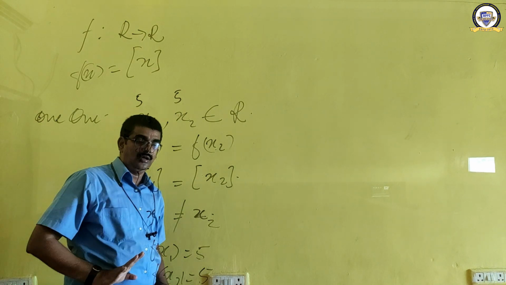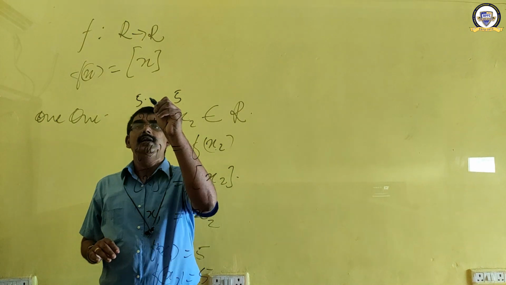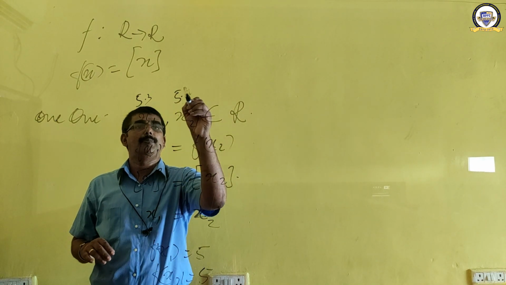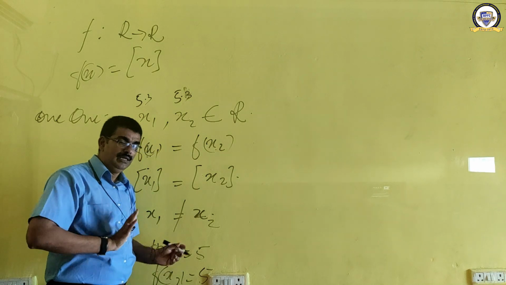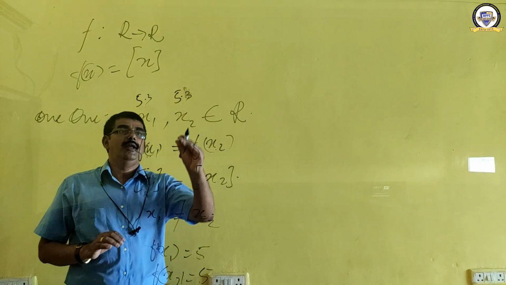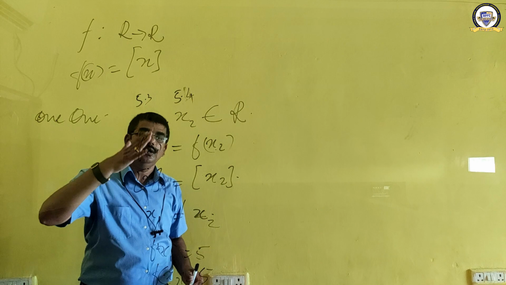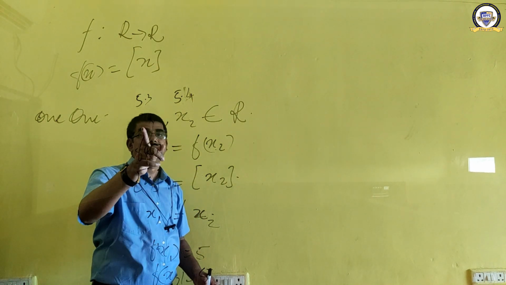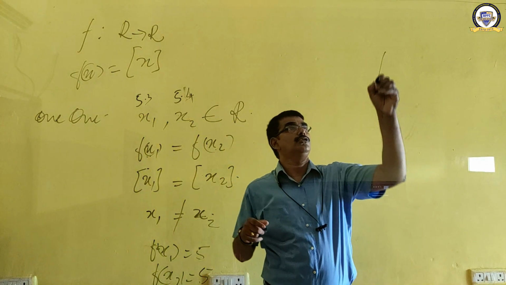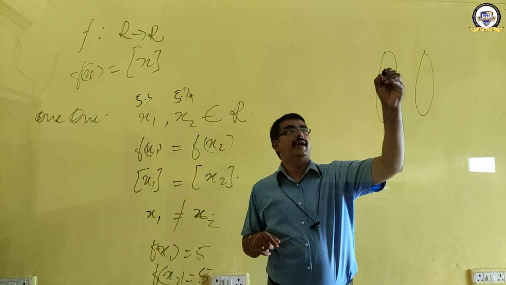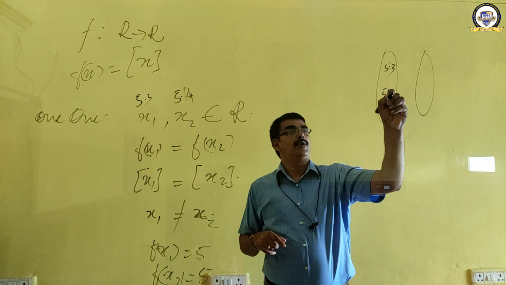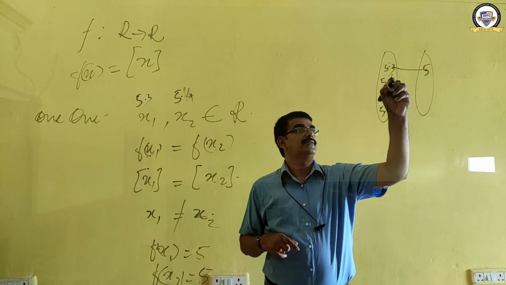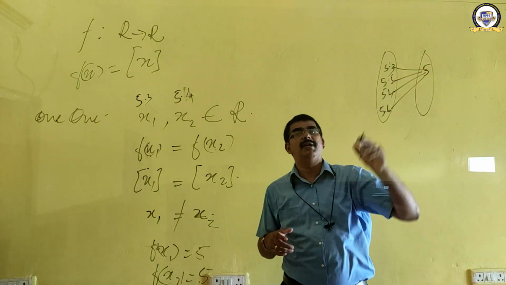But if there are other decimals, like 5.4 and 5.43, then f of x1 and f of x2 may be equal, but x1 and x2 are not equal. If you make a Venn diagram with 5.3, 5.4, 5.6, 5.5, the answer will always be 5. So it is many-one, it is not 1, 1.